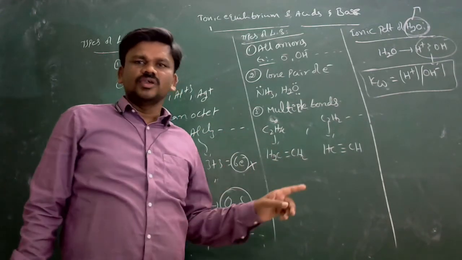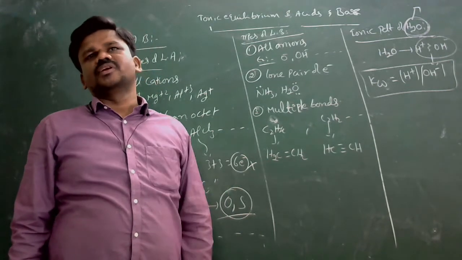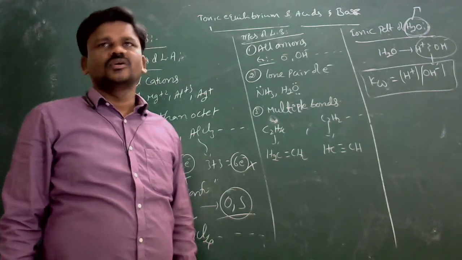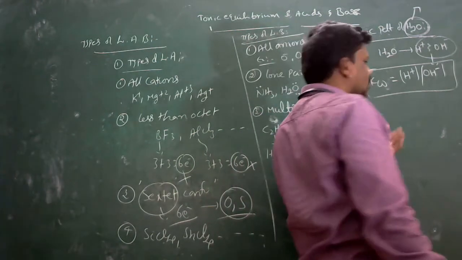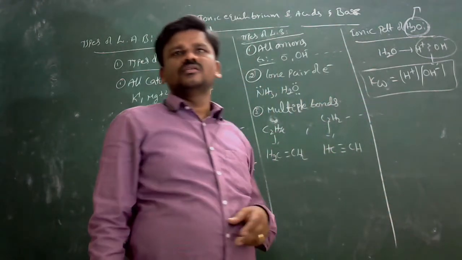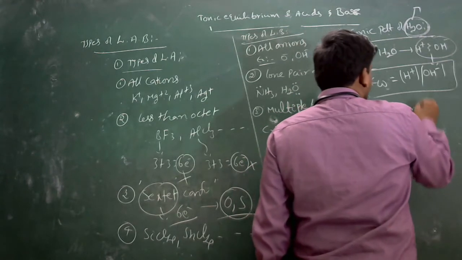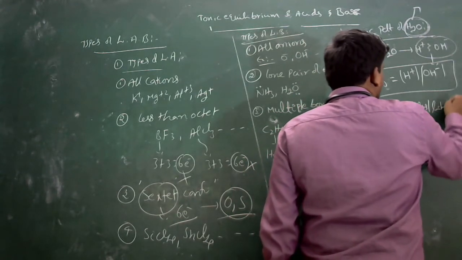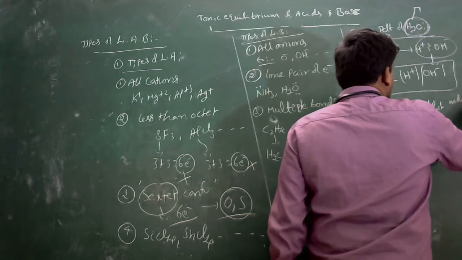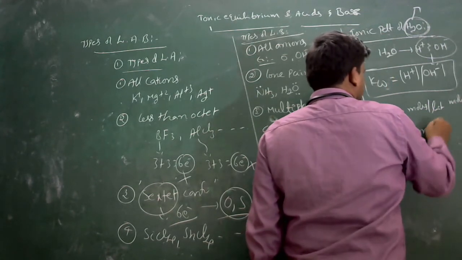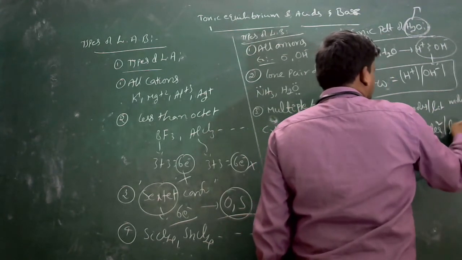Kw equals the H plus and OH minus concentrations. What are the units of concentration? Moles per liter. Then Kw is moles per liter times moles per liter, finally mole square per liter square.